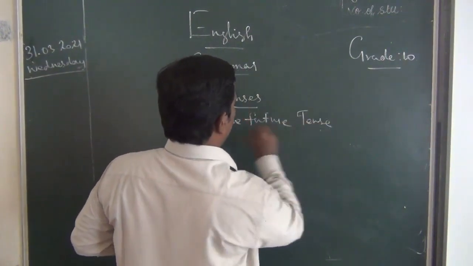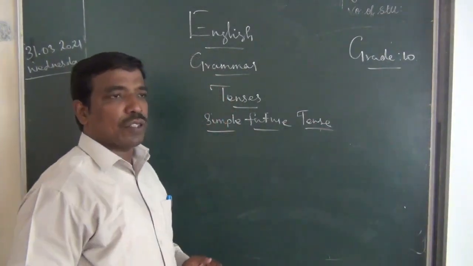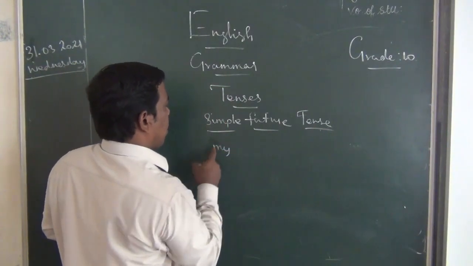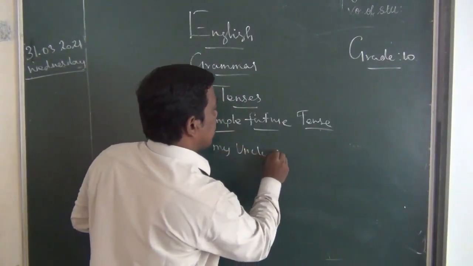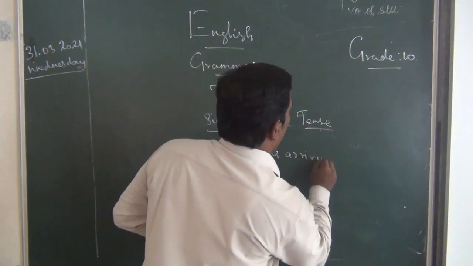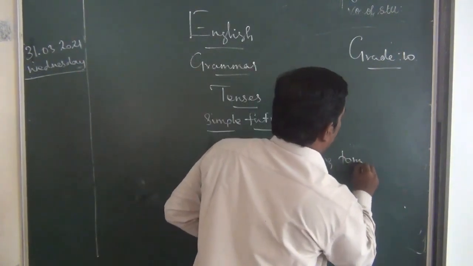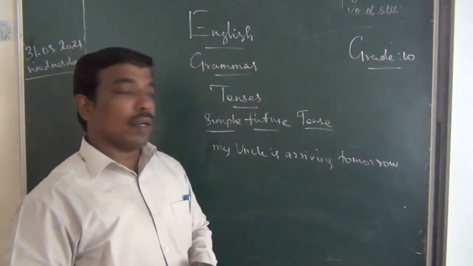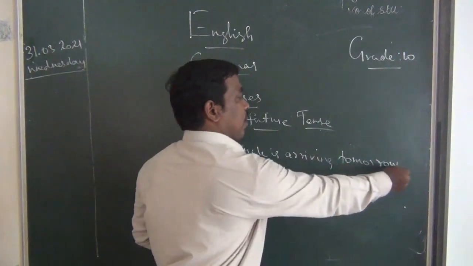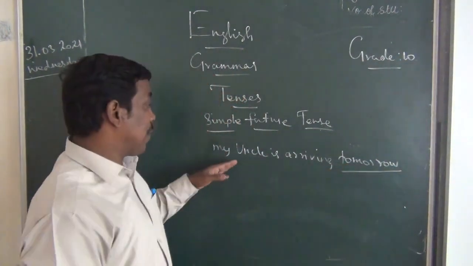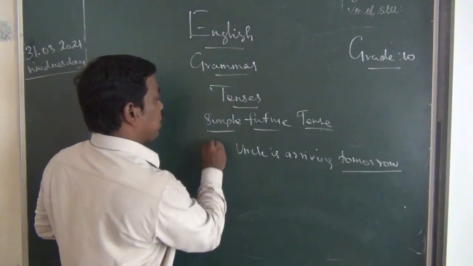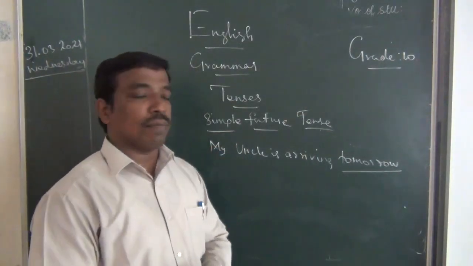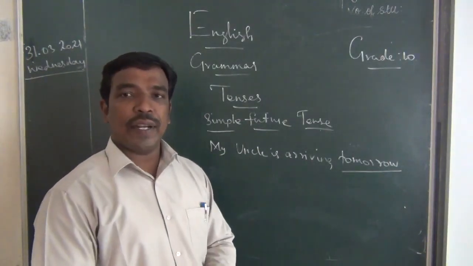My uncle is arriving tomorrow. Actually it is future, but we are using present continuous because it is a personal arrangement. Personally we are arranging something, so we should say, my uncle is arriving tomorrow.